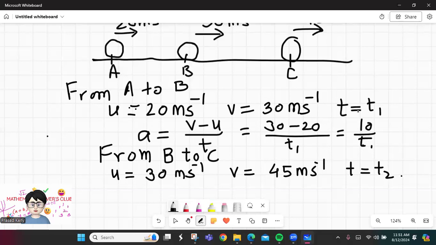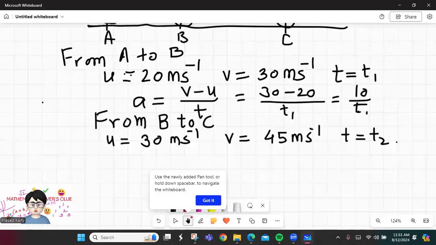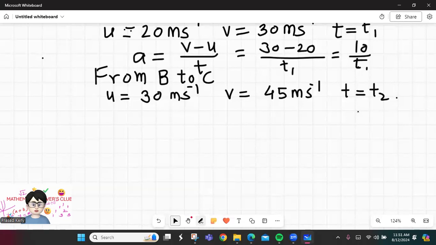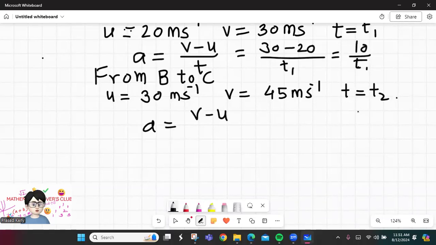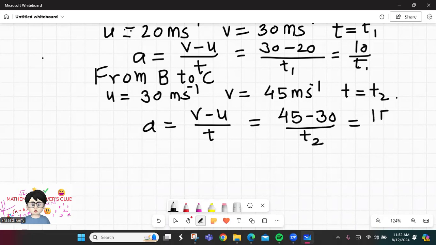Now, since the acceleration is constant throughout the journey, the acceleration is the same for the particle when it is traveling from B to C. So again, a is equal to v minus u divided by t, which is 45 minus 30 divided by t2, and that is 15 divided by t2.